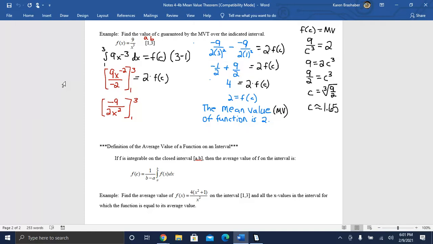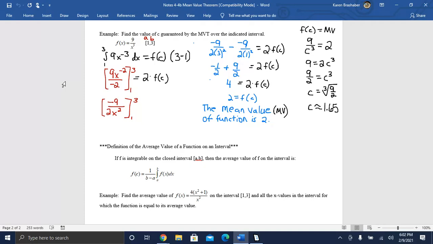Now, an alternative equation for finding the mean value is the definition that I have showing on your screen toward the bottom here. It's given in definition form. It's called the average value of the function on an interval.